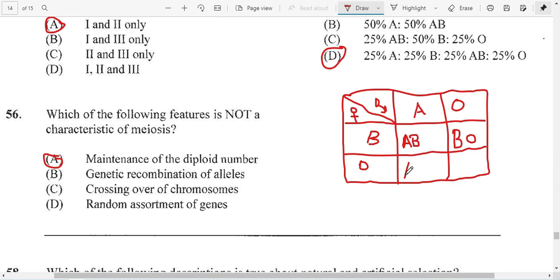Let me correct the O here for those persons who are just starting. We end up with AO.